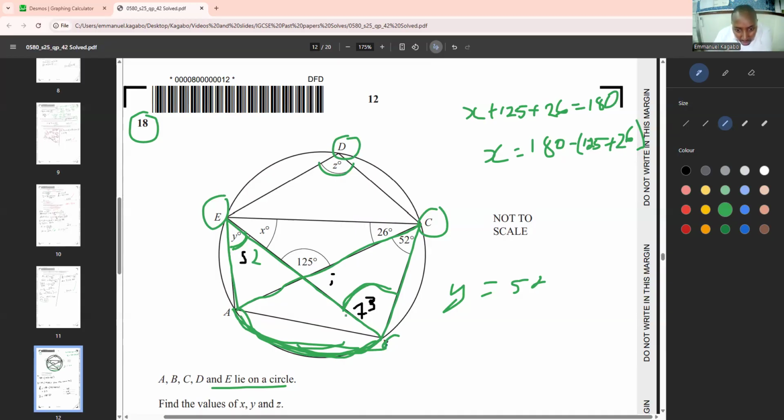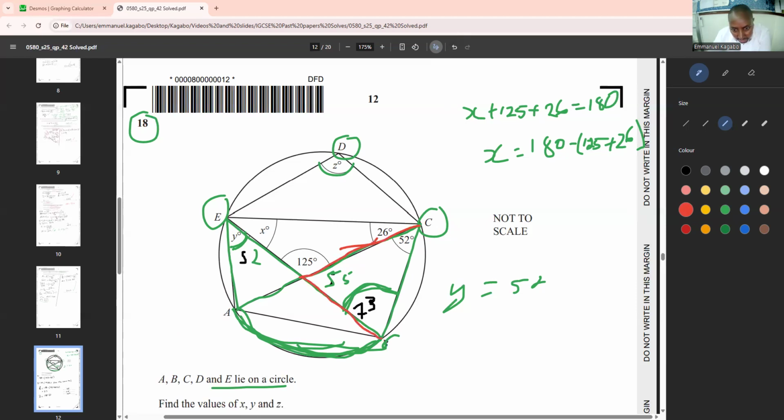So now the problem, I don't have this. There are very many ways you can use. You can just get this angle here, which will be 55, and then you consider this triangle. You see that? You consider this triangle.